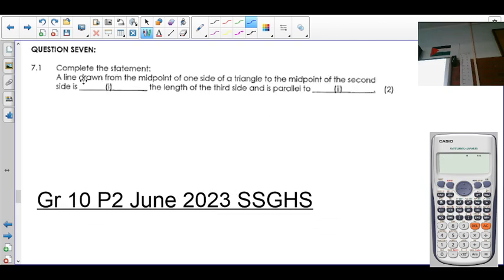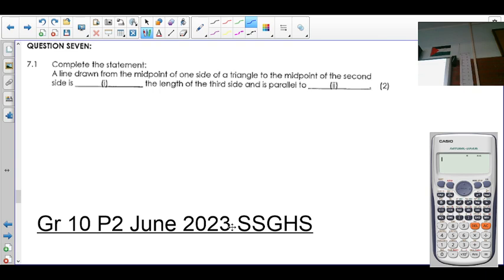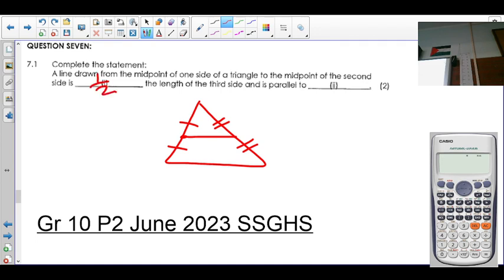The next question, question 7. Complete the statement: A line drawn from the midpoint of one side of a triangle to the midpoint of the second side is half the length of the third side and is parallel to the third side.